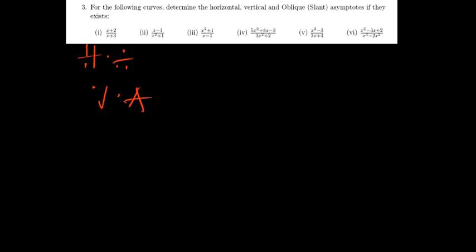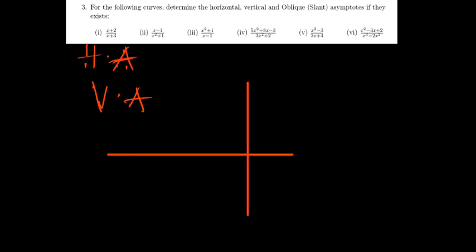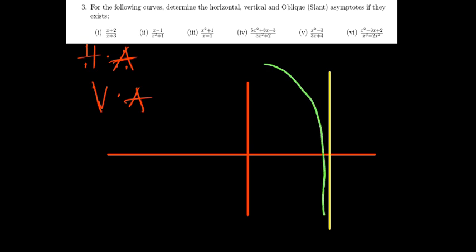I'm sure you've seen graphs where you have a line like this, and you find that the graph, as it approaches that line, doesn't cut it, it just gets closer and closer. This is called a vertical asymptote.